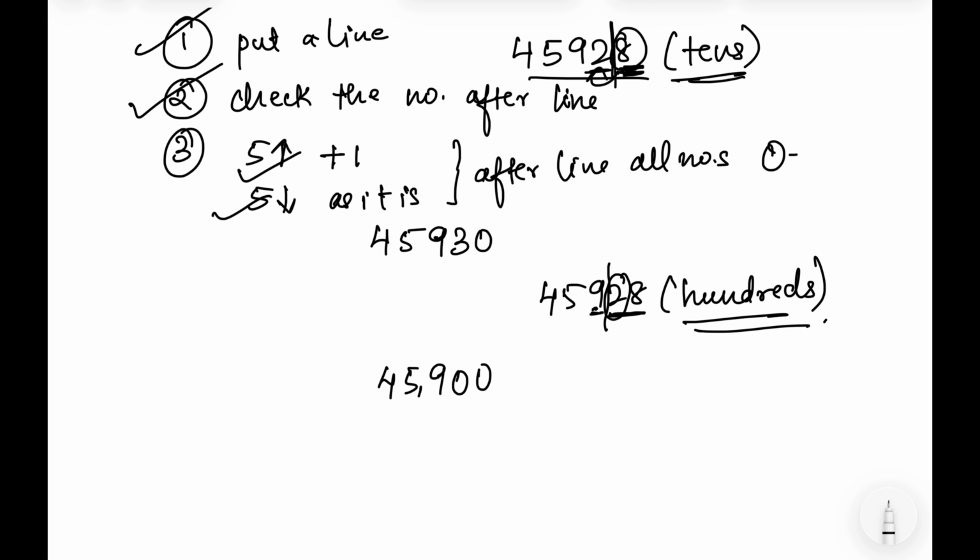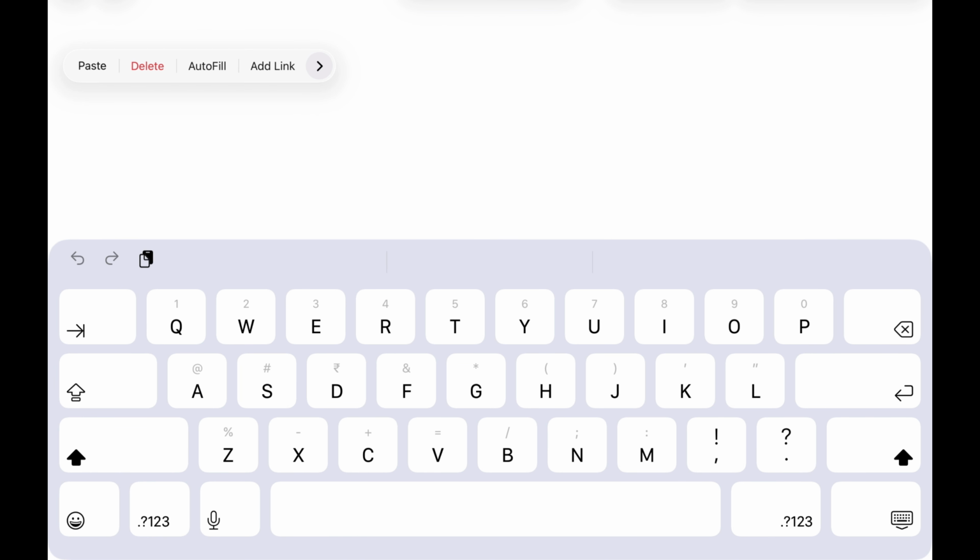So this is how you round off up to the nearest tens, 100, 1000 and so on. Now we will round off numbers up to 1 dp, 2 dp, 3 dp for decimal numbers. Let me take the number 45.9267. Suppose they tell us to round off up to 1 dp.